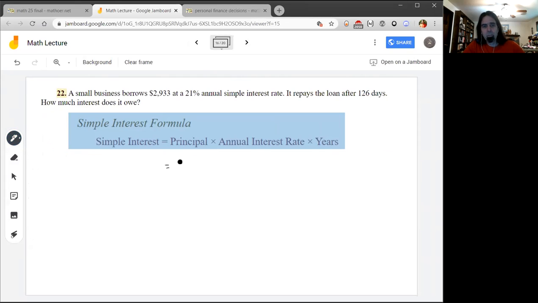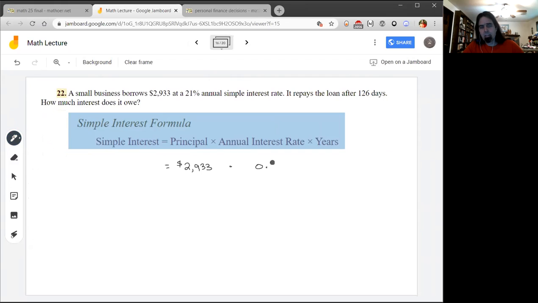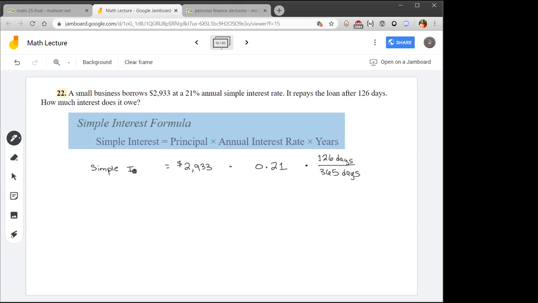We have the principal. We have the interest rate. And for years, remember, we had to take the days and make it part of a year. So it's 126 days out of 365 days. Does that ring a bell from a while ago? Yeah.